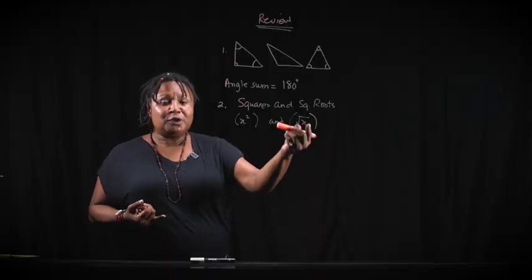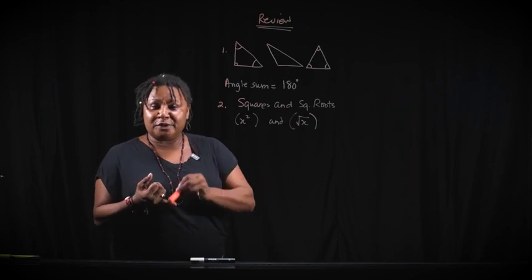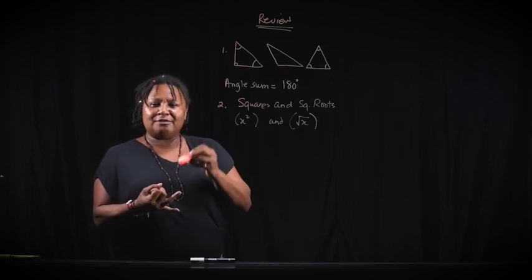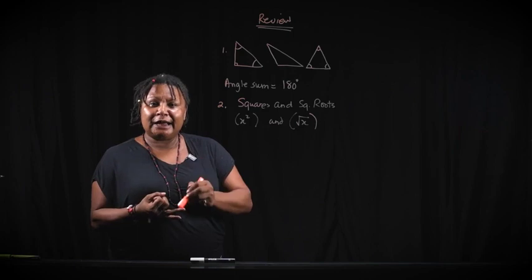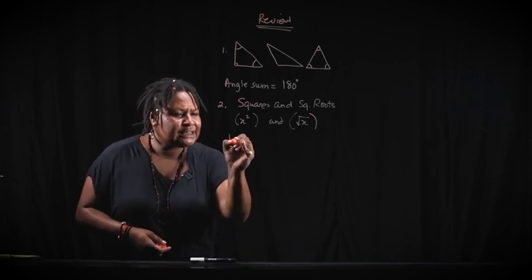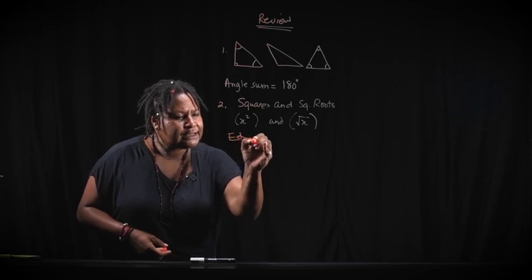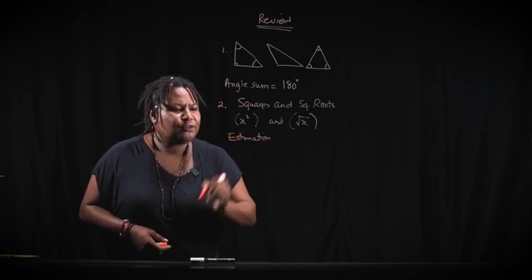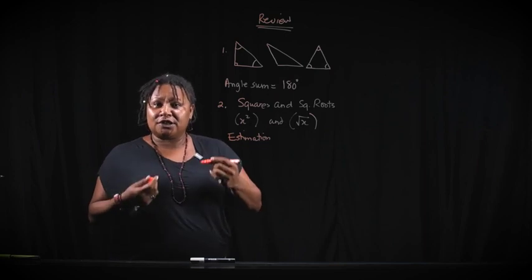When we looked at the square root, we found the square root of very large numbers, very small numbers, and numbers that are not square numbers. So we used estimation to find the root of numbers that are not square numbers.